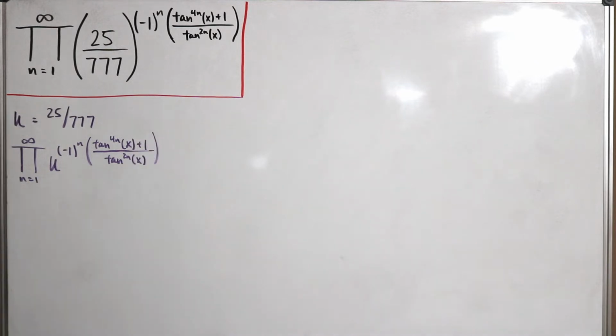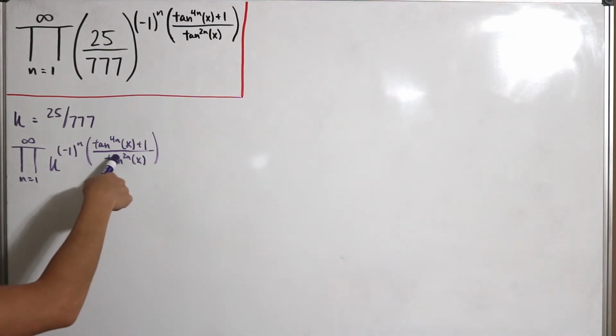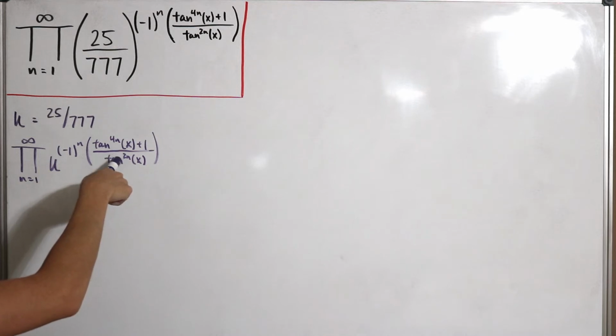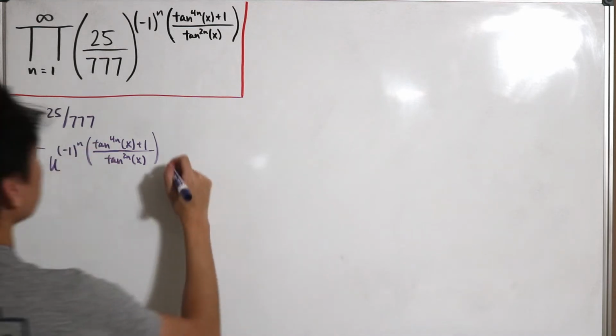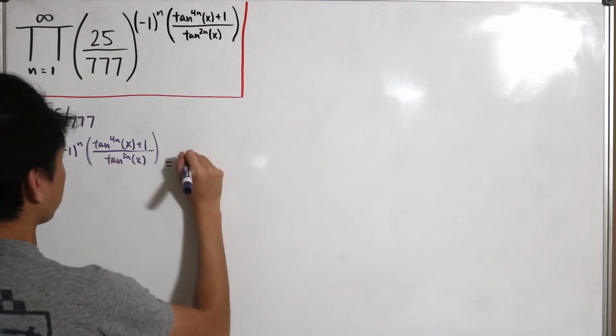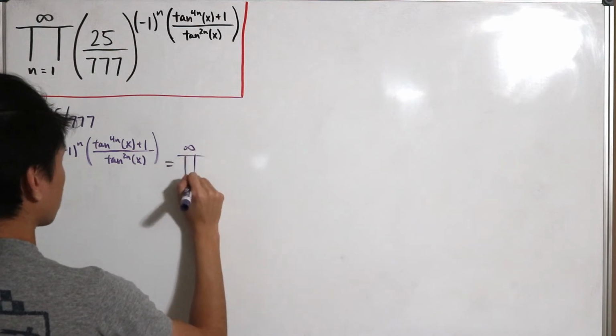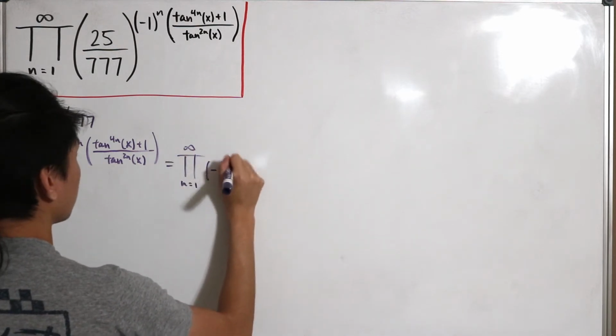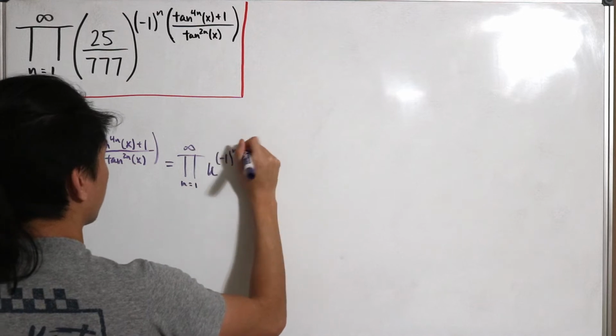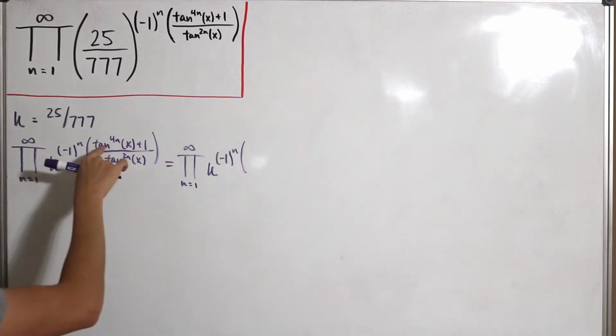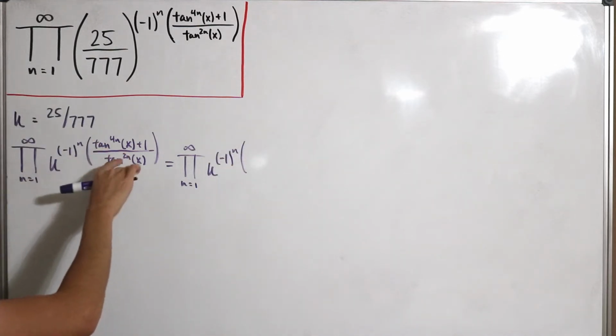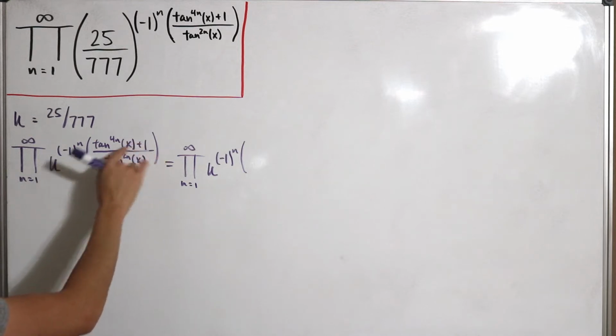Now let's rewrite our trigonometric expression in a way that simplifies some things. We have the same product symbol, k to the power of (-1)^n, and we can split this into two fractions using linearity in the numerator.